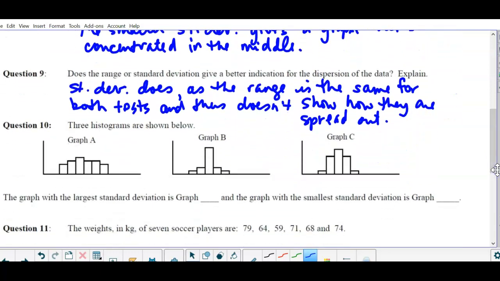So if you have the standard deviation of 2 sets of data, or 3 or whatever, then you can compare them, right? If they're representing something that's similar.